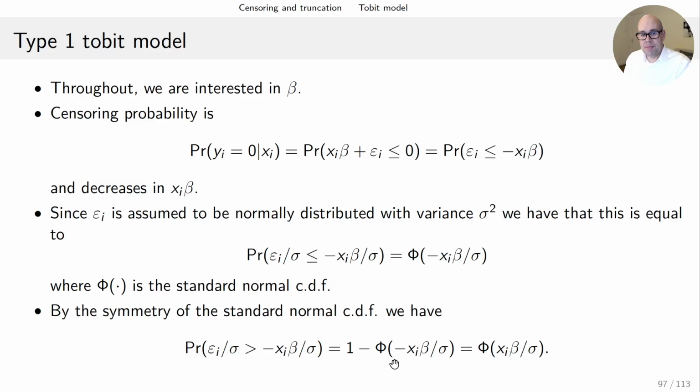And then by the symmetry of the standard normal CDF, we have 1 minus the standard normal CDF evaluated at minus xi beta divided by sigma, equal to the CDF of the standard normal distribution evaluated at xi beta divided by sigma. So this is what we have actually seen also before when we talked about the Tobit model, and in the context of seeing the Tobit model as a special case of the ordered Tobit model.